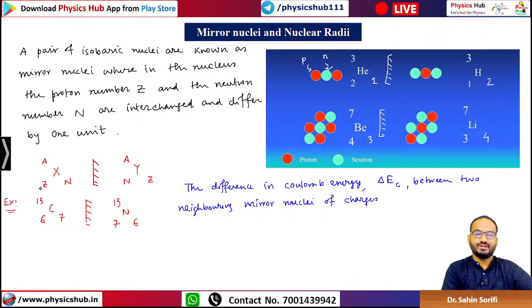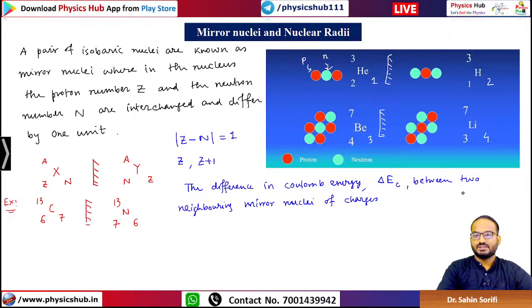You see, if Z and N differ by 1 unit, so Z minus N, if this is 1 unit, what can you say? If you take the atomic number of one mirror nucleus as Z, another one will be Z plus 1, then only they will differ by 1 unit.